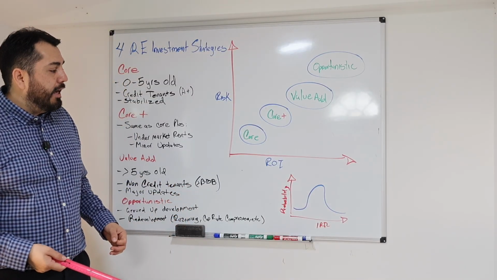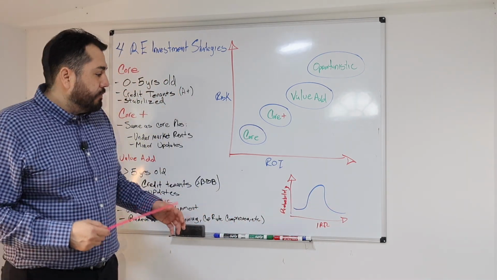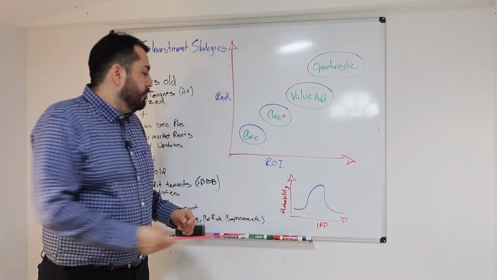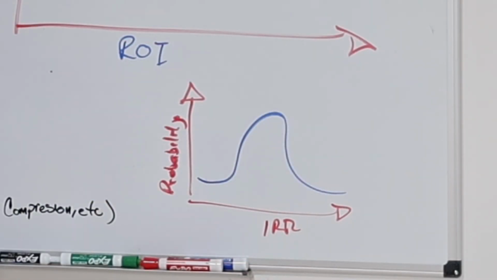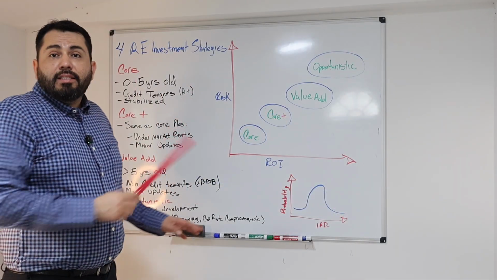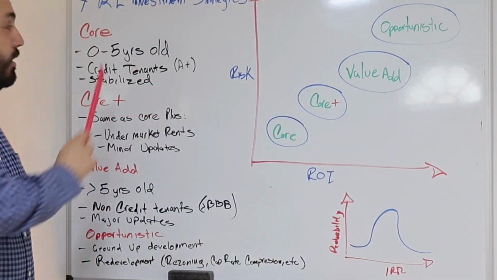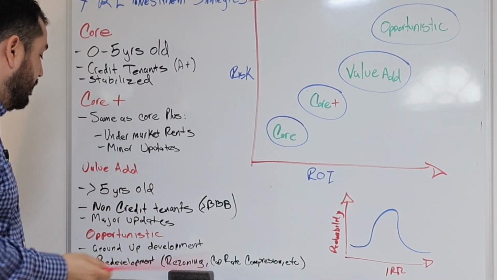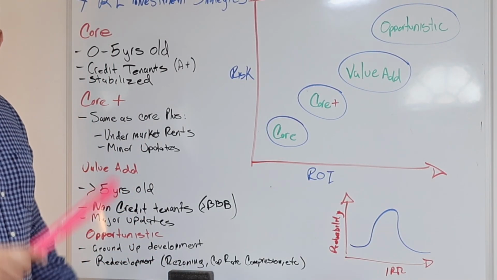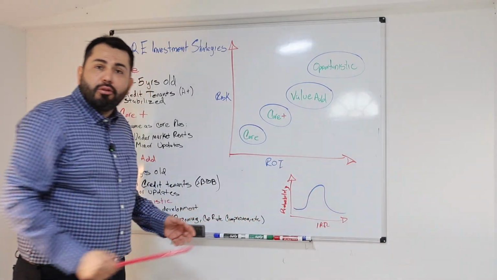Okay, so this is, for example, maybe in junior high school you heard about this. This is the Gauss bell. So this is the internal rate of return. What does this mean for your portfolio? You can only get core properties, or you can only get opportunistic or value-add, but you will get more variance on the results.